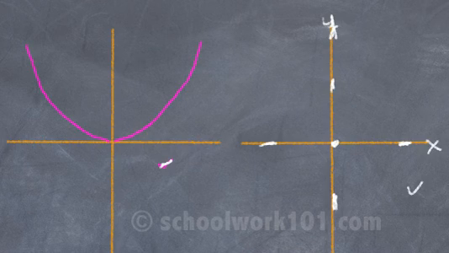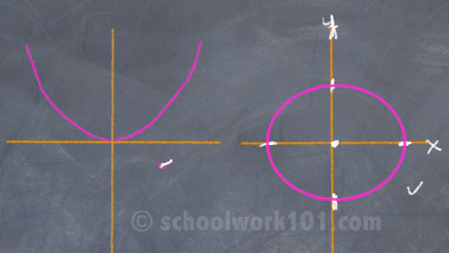Let's look at some graphs that have symmetry. This first graph over here on the left is symmetric about the y-axis.